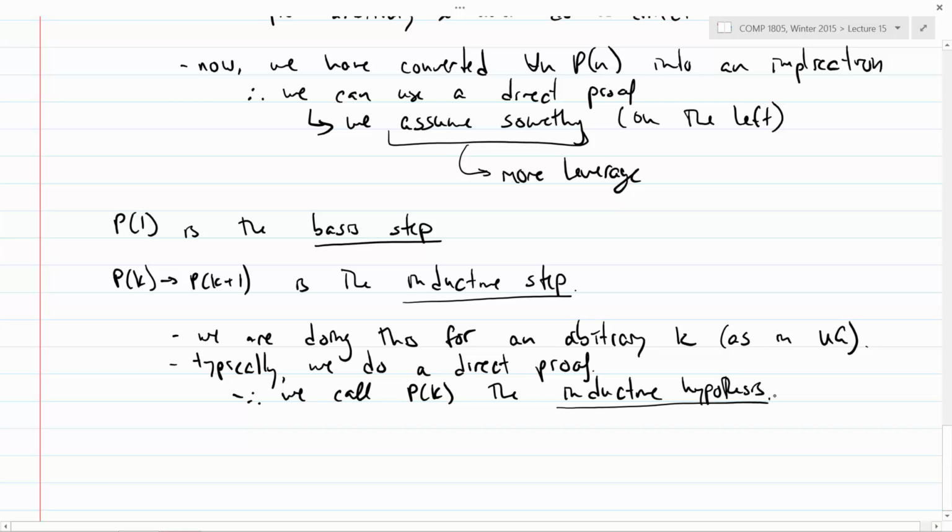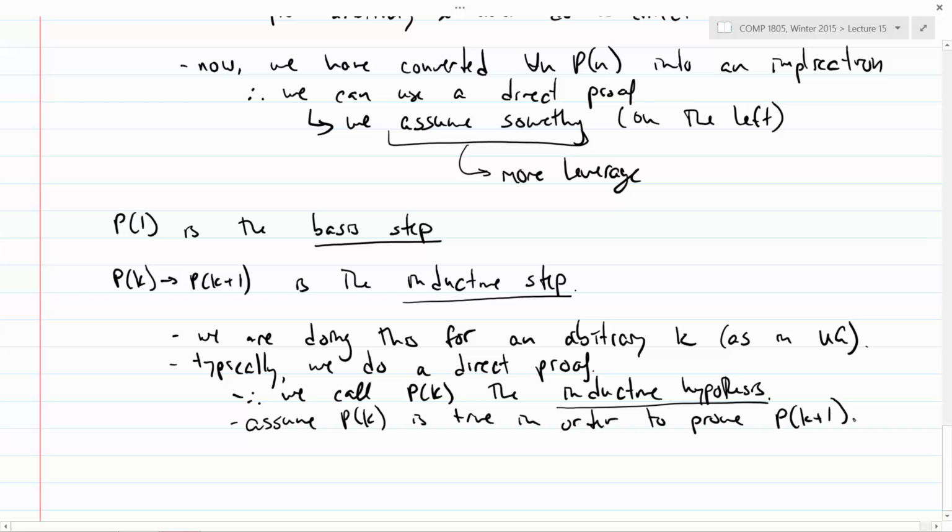All right, and we assume that it's true in order to prove P(k+1). So we assume that P(k) is true in order to prove P(k+1). That's the idea.